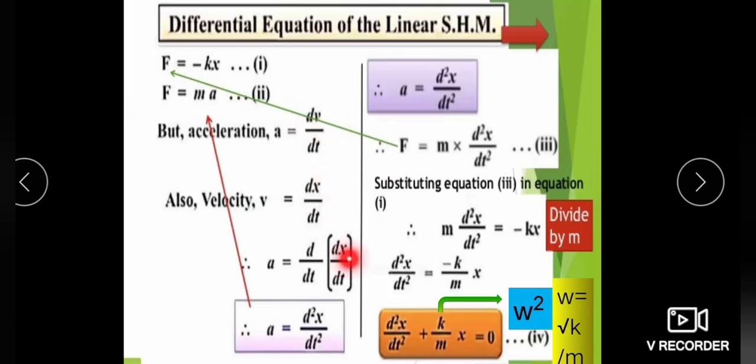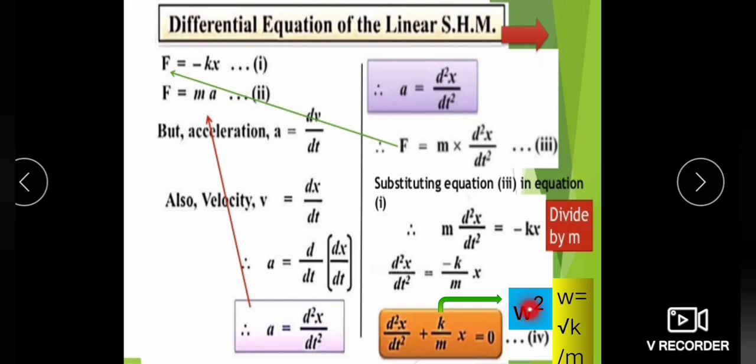Solving the equation, adding kx on both sides, we get m d2x upon dt square plus kx equal to 0. Dividing by m on both sides, we get d2x upon dt square plus k by m into x equal to 0.